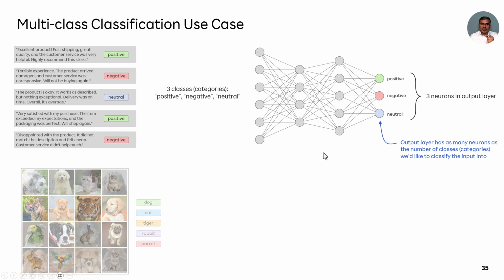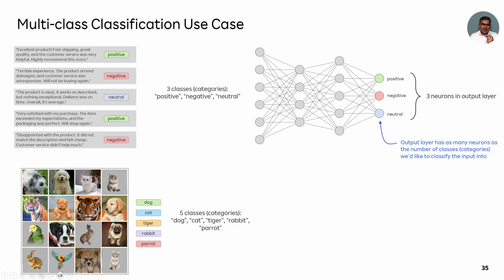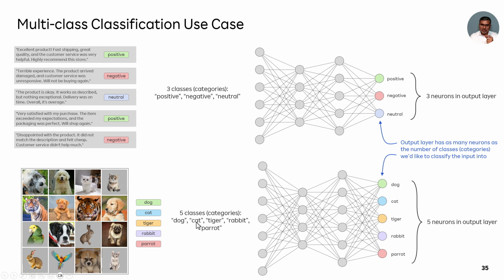Now, similarly, if you have a bunch of images here, and let's say that the classes are dog, cat, tiger, rabbit, or parrot. So you have five classes here. How many output neurons do you need in the output layer? Five. Because the input comes in here, and then one of these neurons lights up saying, okay, I think this image is a dog.